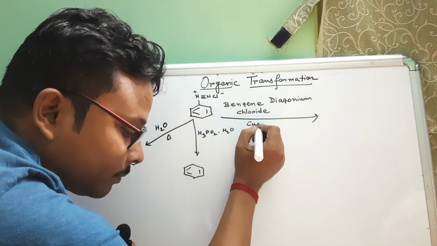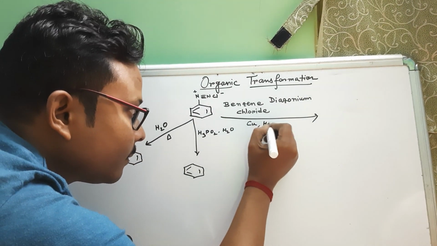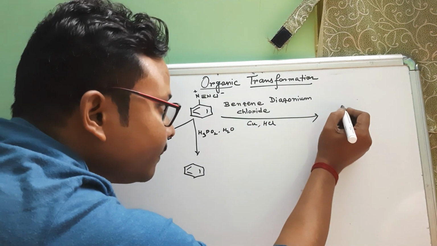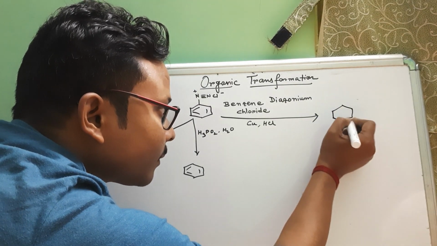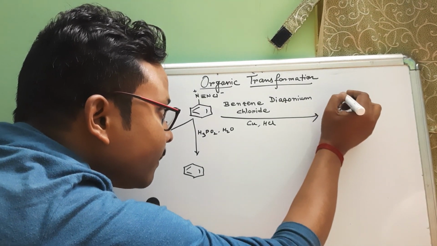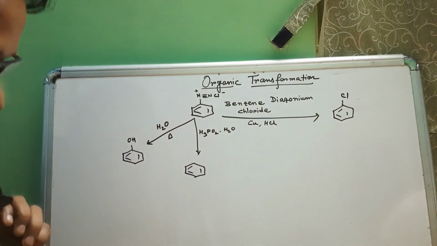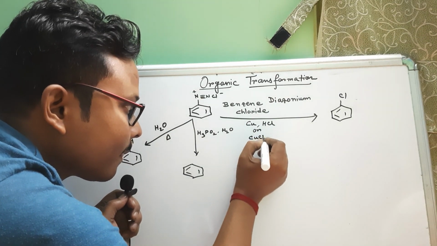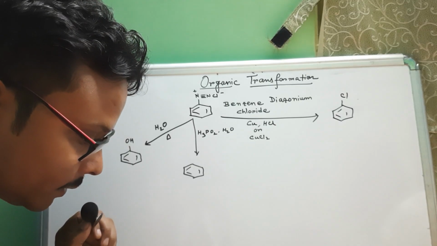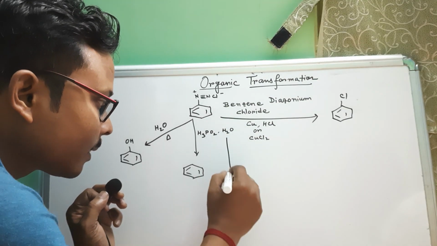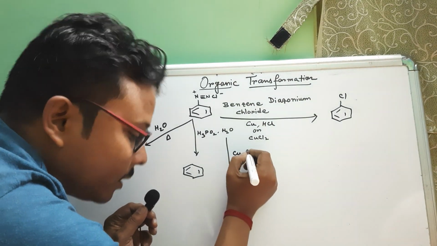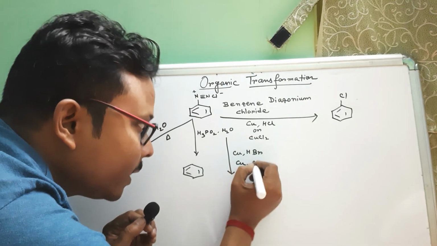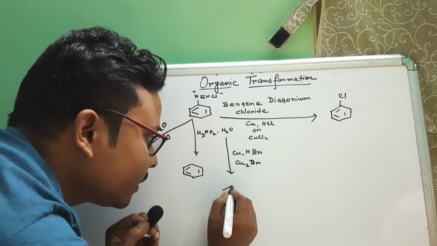Some Sandmeyer reactions: if you treat this with CuCl, you will get chlorobenzene, CuCl or CuCl2. And if you give it CuBr, that is Cu2Br2, you will get bromobenzene.